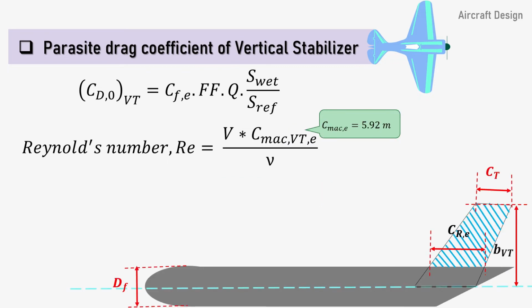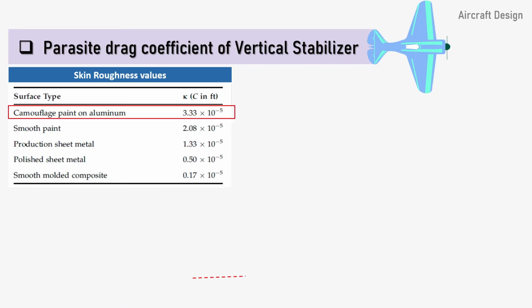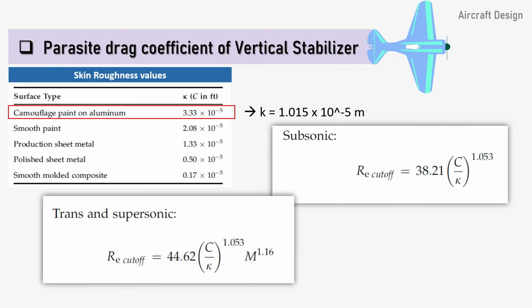Now applying the Reynolds number formula, we get around 3.15 into 10 power 7, which is turbulent. Now considering the surface roughness due to the paint, that is k equals 1.015 into 10 power minus 5, same for all the components, we will find the cutoff Reynolds number.